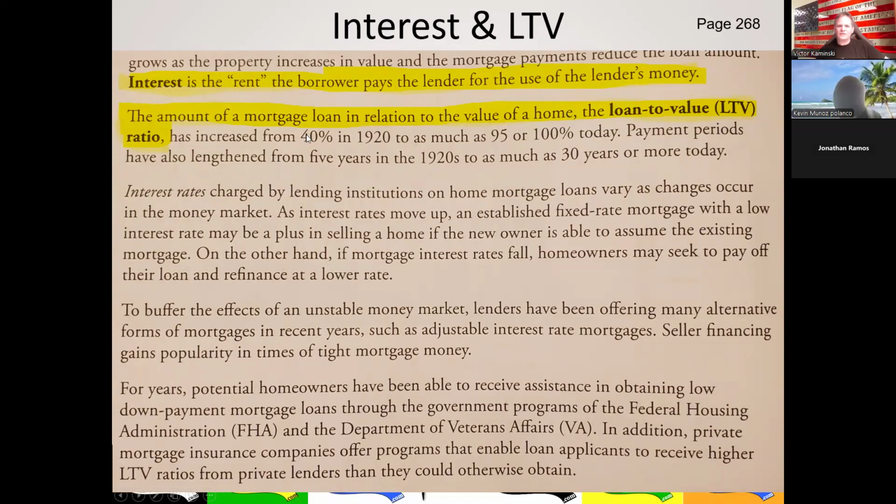And that has increased from 40% in the 1920s to as much as 95 or 100% today. Wow. So if you were to go buy a house in 1920, you needed to have 60% of the cash to put down because the lender would only lend you 40% of it.